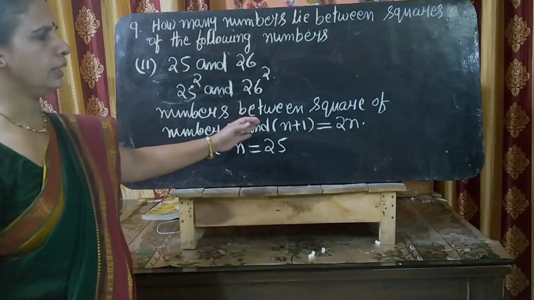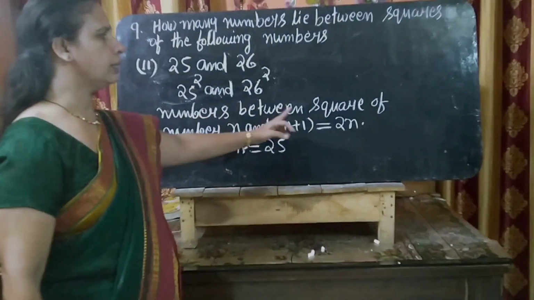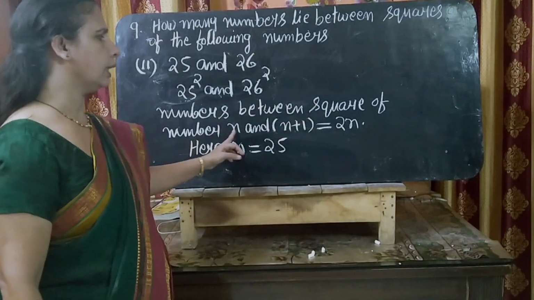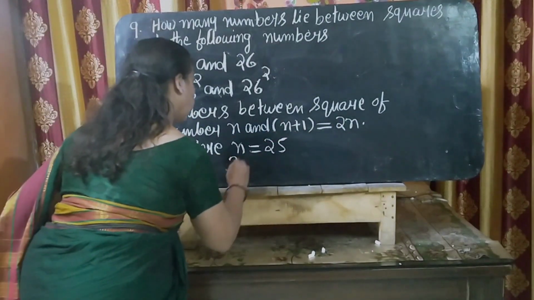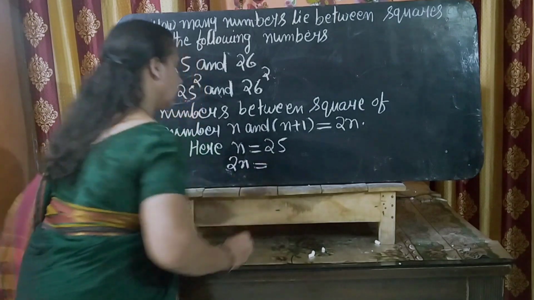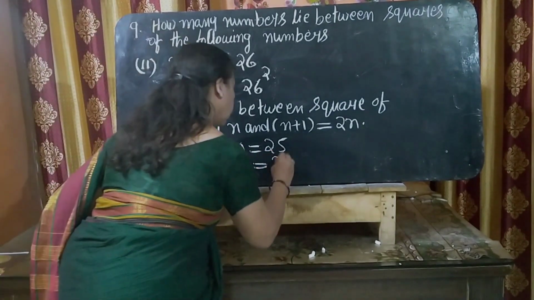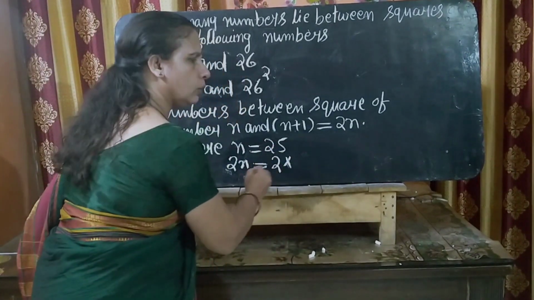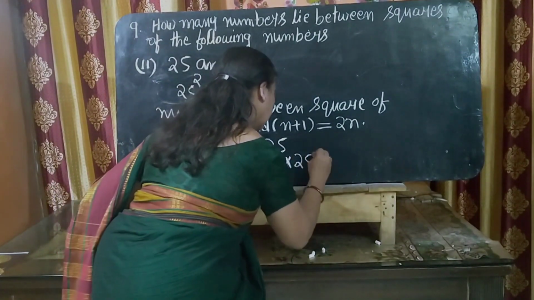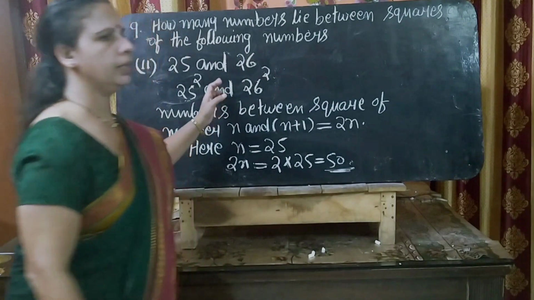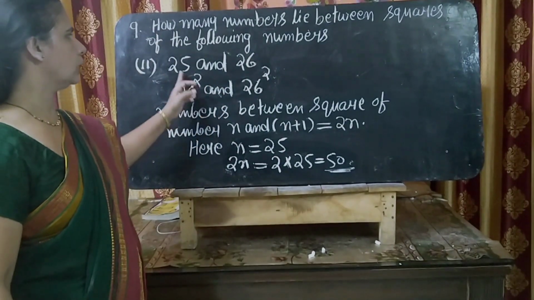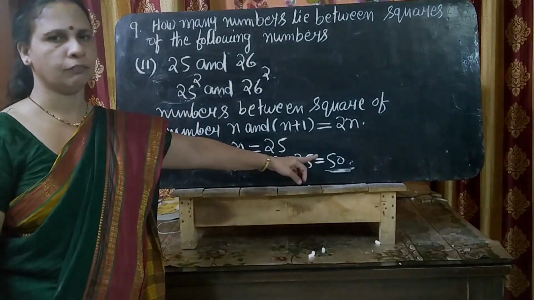What is our method? Numbers between the squares of n and n plus 1 equals 2n. We have to find 2n, that is 2 into the value of n, which is 25. That is 50. The numbers between the squares of these two numbers equal 50.